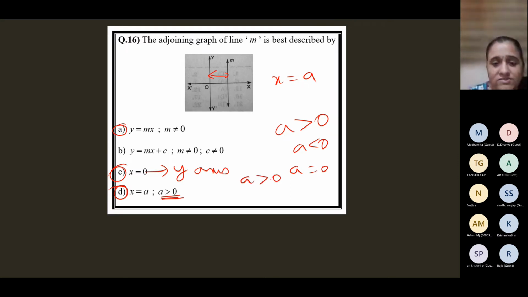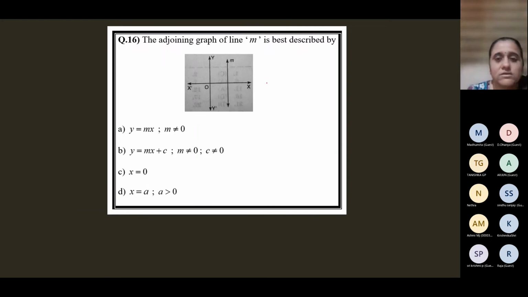a > 0 means a is positive. All the numbers greater than 0 are positive. All the numbers less than 0 are negative. Think about it. If the value is less than 0, that means it's negative.